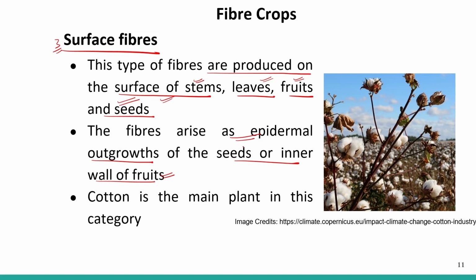So the epidermis of the seeds, the outer covering, gives out some outgrowth, and that is used for making fibers. Cotton is the main plant in this category.